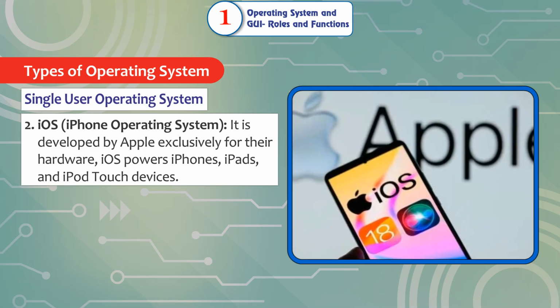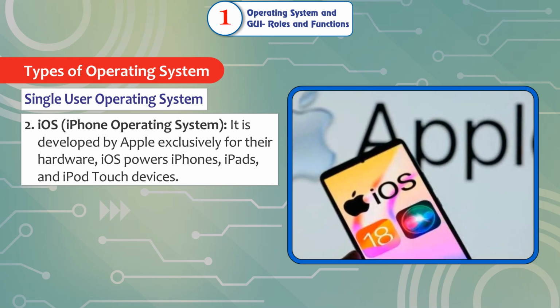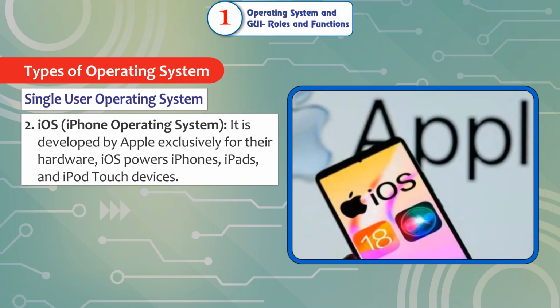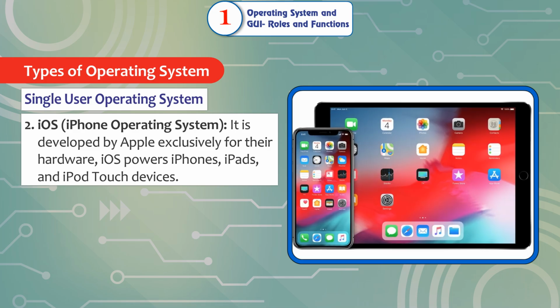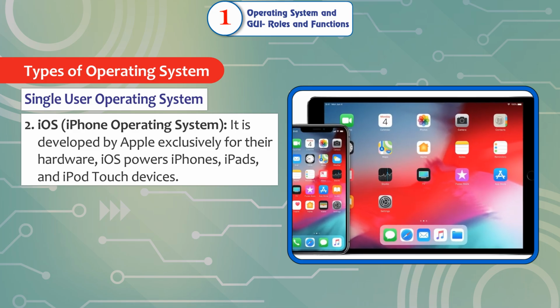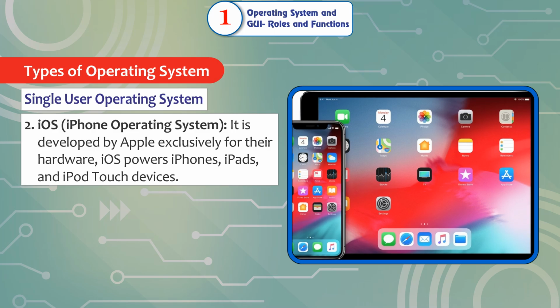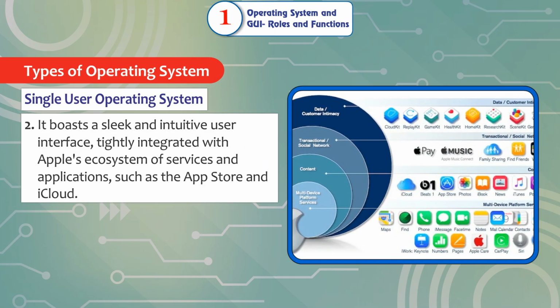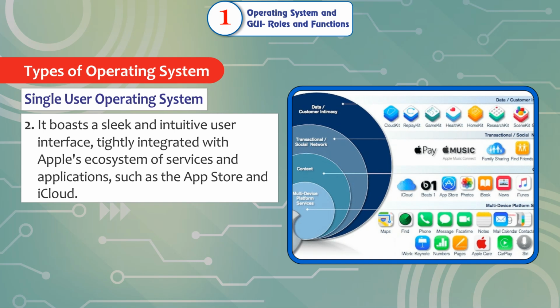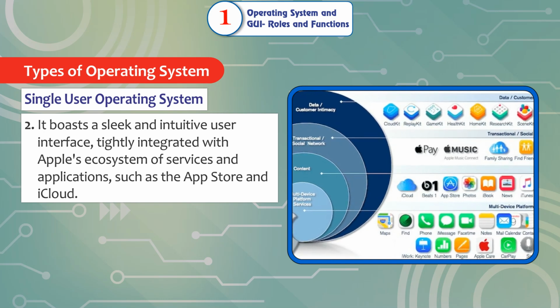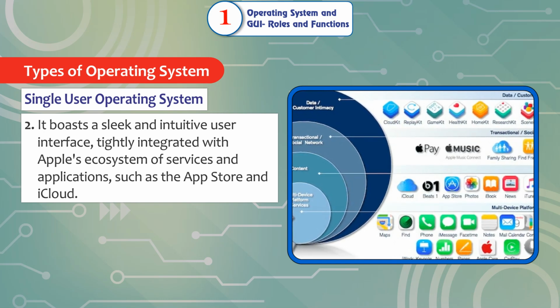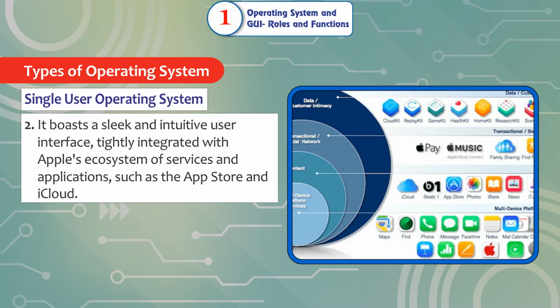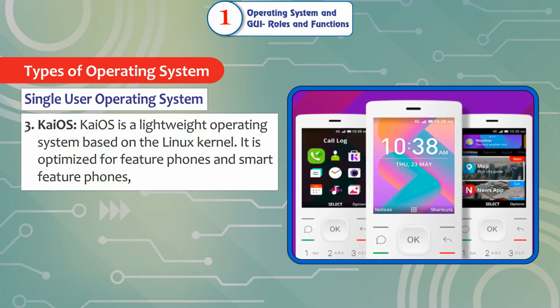2. iOS, iPhone operating system. It is developed by Apple exclusively for their hardware. iOS powers iPhones, iPads, and iPod Touch devices. It boasts a sleek and intuitive user interface, tightly integrated with Apple's ecosystem of services and applications, such as the App Store and iCloud. 3.